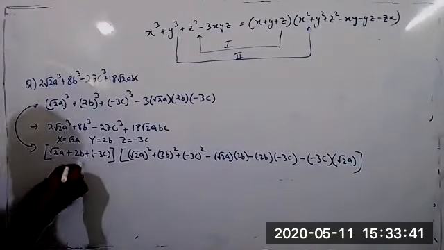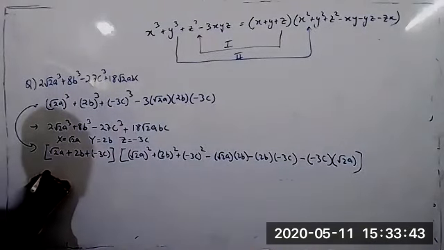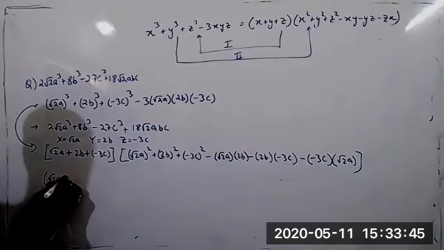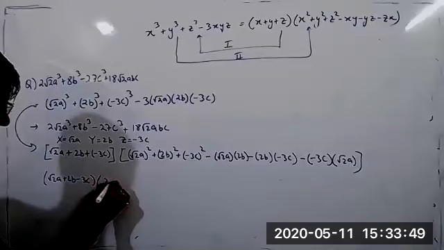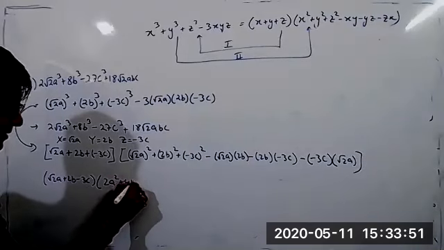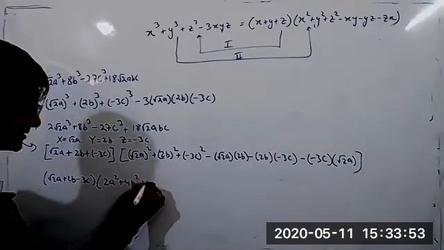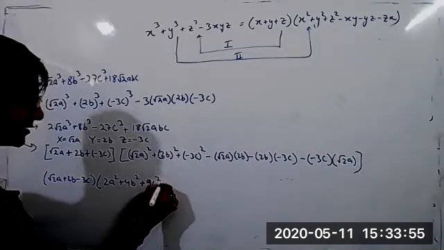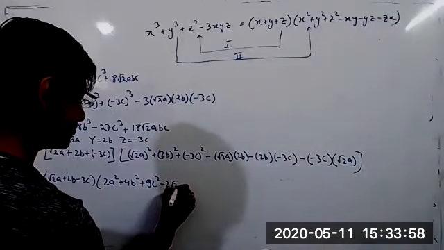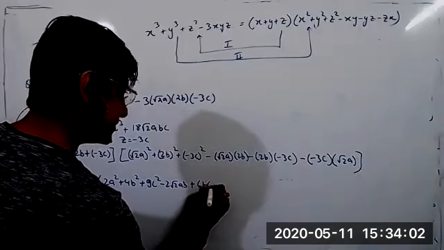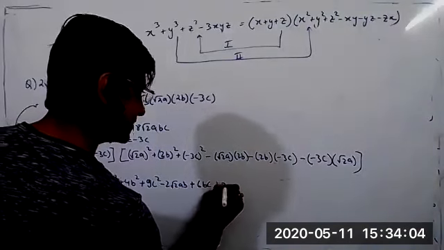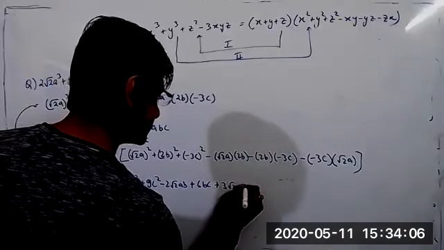So you have written this. So the final answer you have to write: under root 2a plus 2b minus 3c into 2a square plus 4b square plus 9c square minus 2 under root 2ab plus 6bc plus 3 root 2ca.